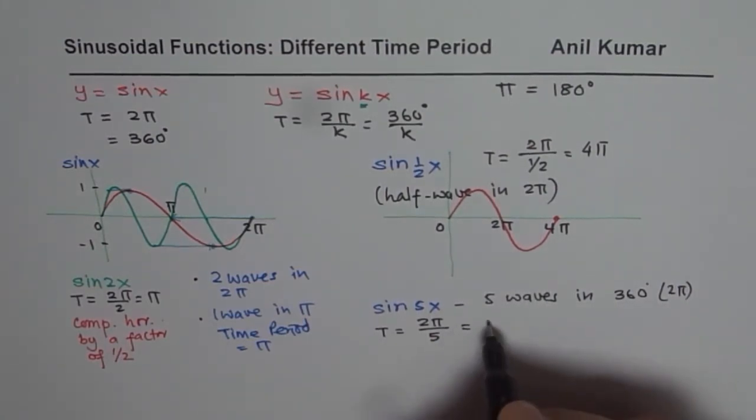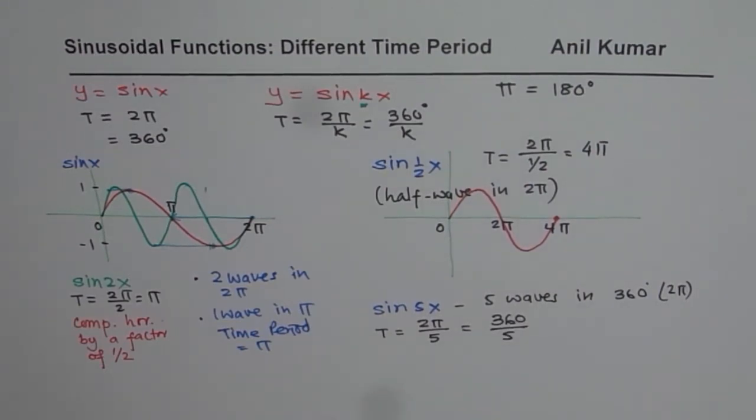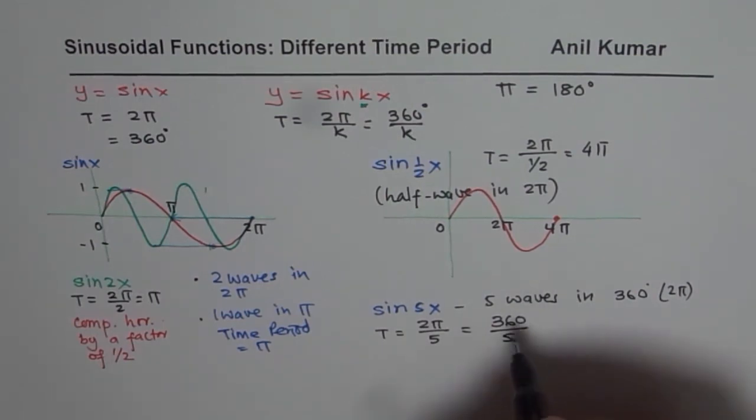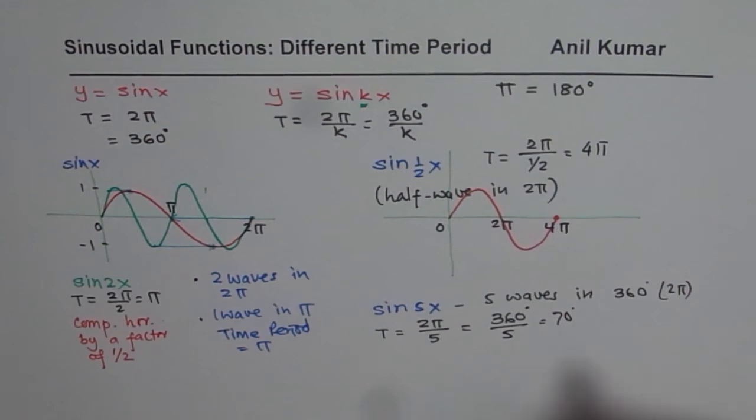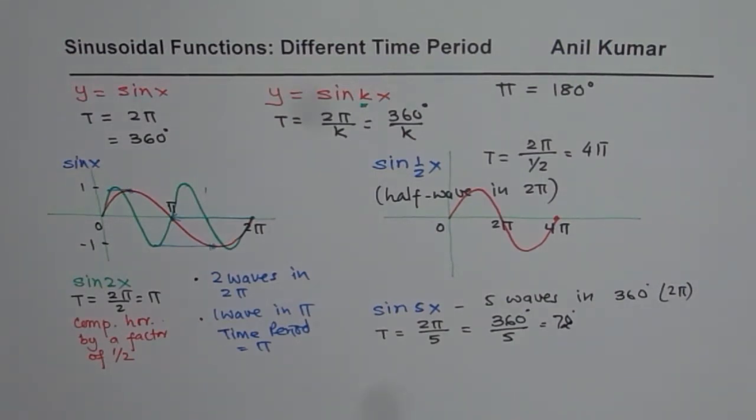Or that is also the same as 360 divided by 5 being your time period, right? So you can of course simplify and write down your answer. In this case it will be 72 degrees, correct.